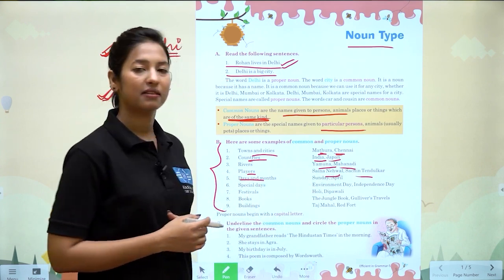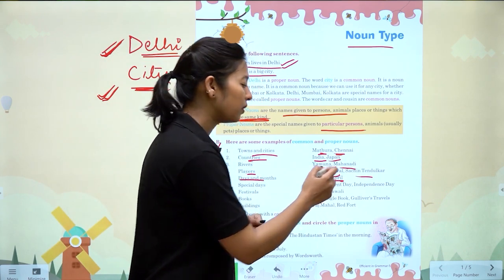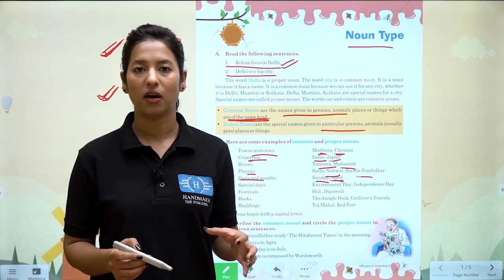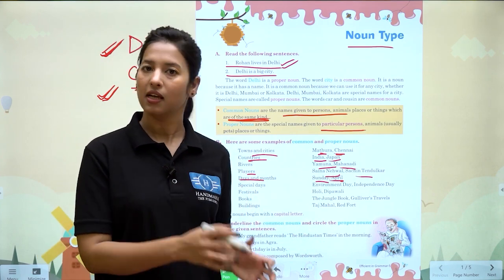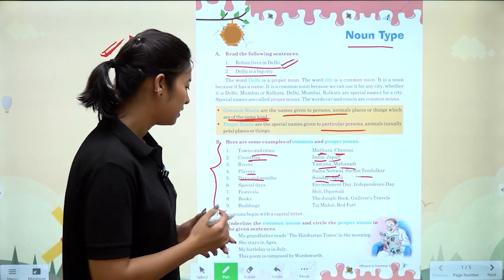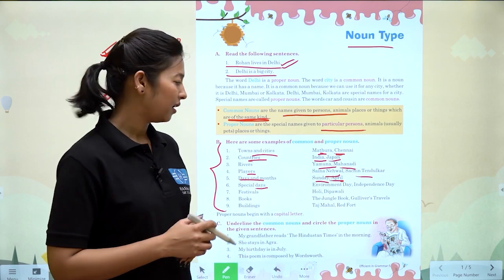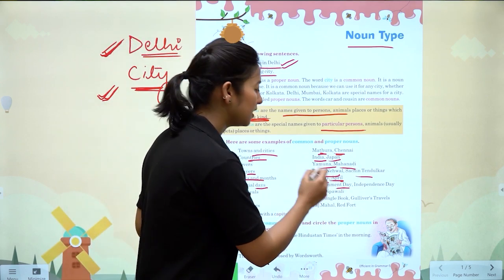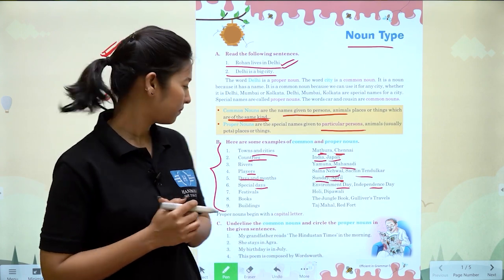Days and months is a common noun and Sunday, April are the proper nouns because these are the specific names of a specific day and a specific month. Special days is a common noun, it can be any special day, but Environment Day, Independence Day are proper nouns.